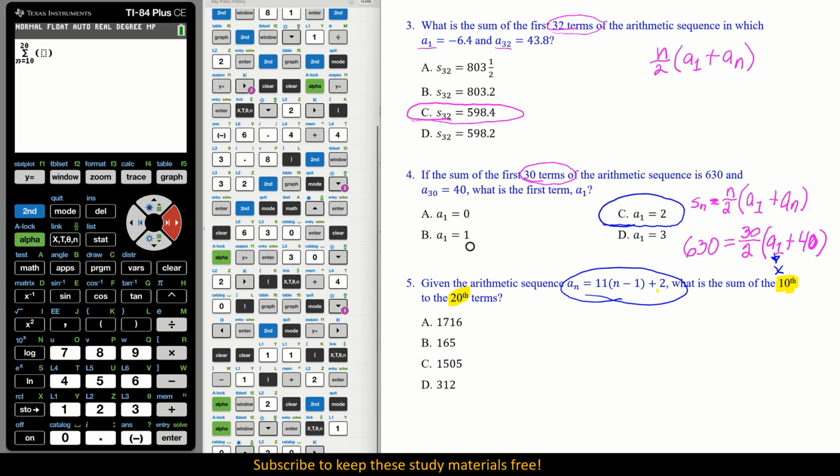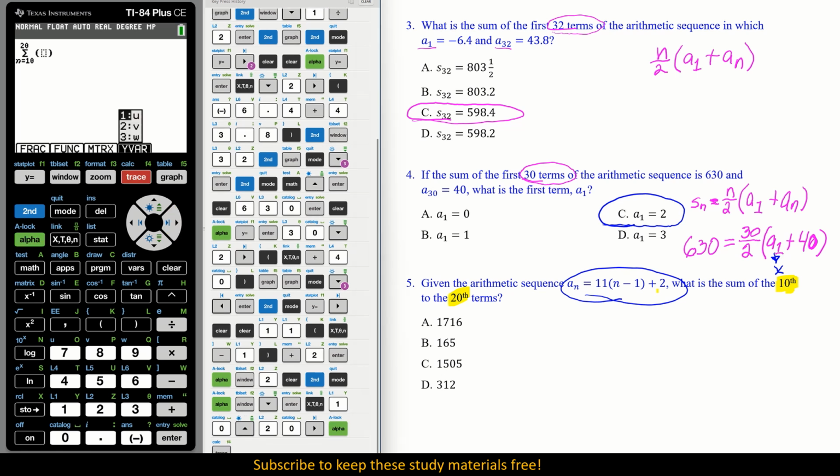What do I do? I push alpha, trace. Oh, and look, it says, hey, would you like a number 1 out of your y vars, or y variables? Absolutely, that's what I want. So you push that, push it again.